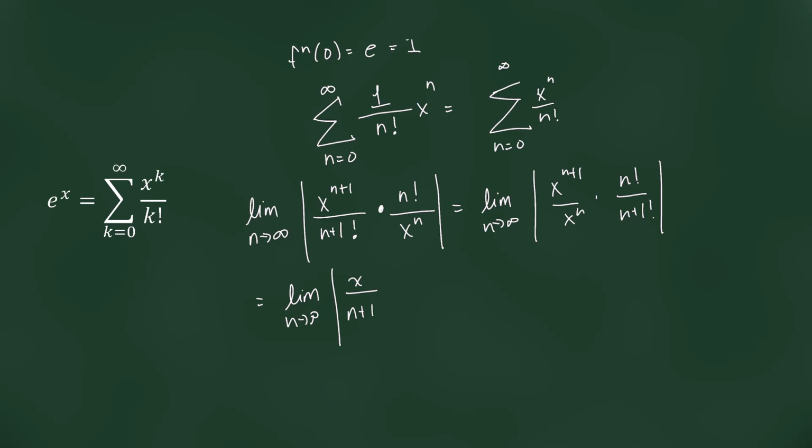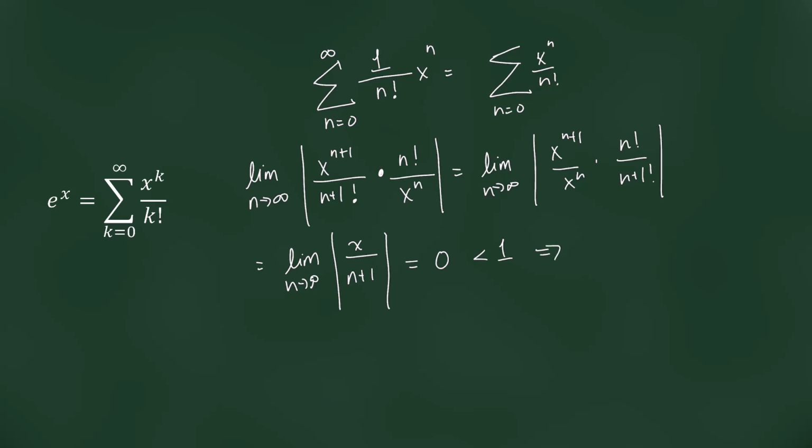And as n goes to infinity, if we hold x fixed, this limit is equal to 0. That is always, obviously, less than 1, which means that our radius of convergence is infinite, and our interval of convergence is negative infinity to infinity.